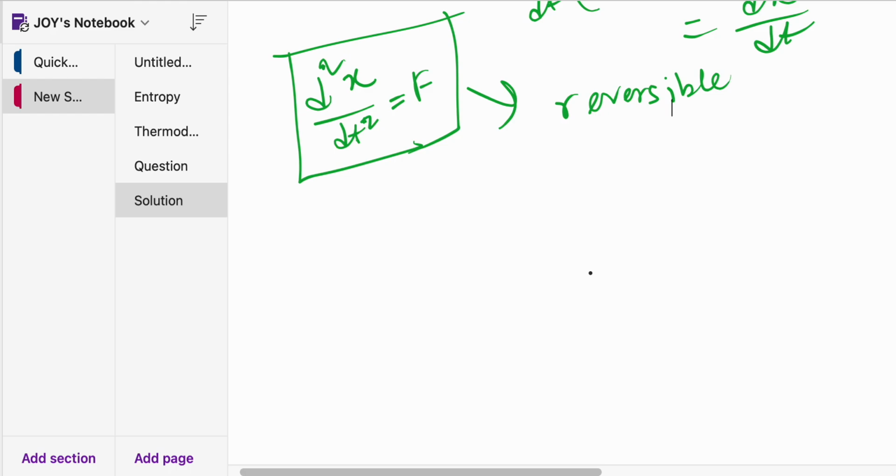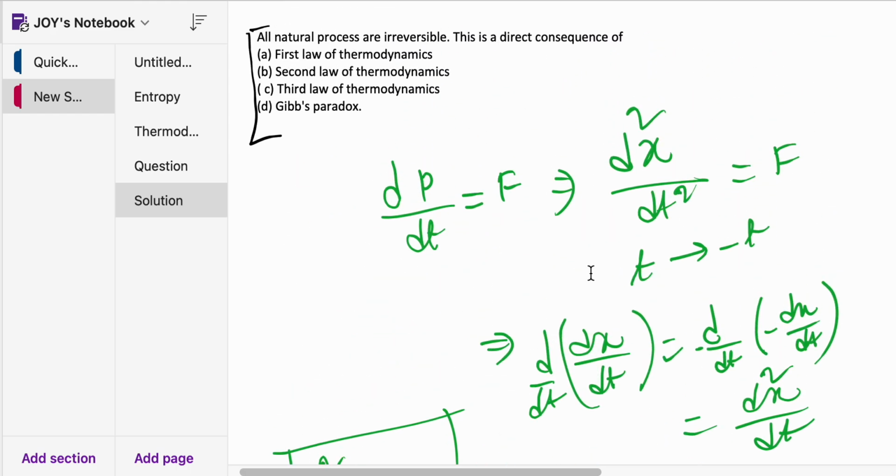But this is not the case in nature, as the second law says that all natural processes are irreversible, and nature follows this law. It's quite unintuitive, because from Newtonian mechanics we know that all systems should be reversible in principle.